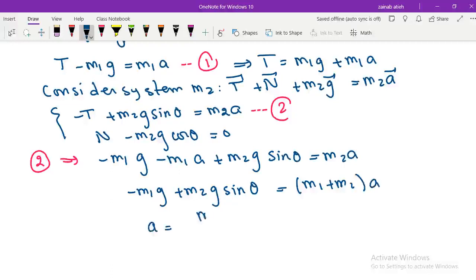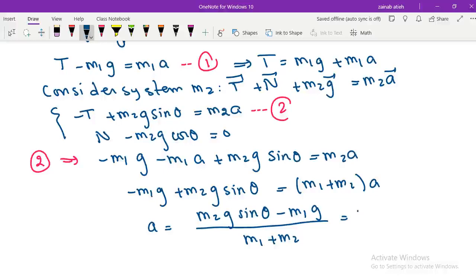It's equal to M2G sin theta minus M1G over M1 plus M2. We have everything. We have M1, we have M2, we have G, we have theta. We can substitute and you will get the answer 3.57 meter per second squared.